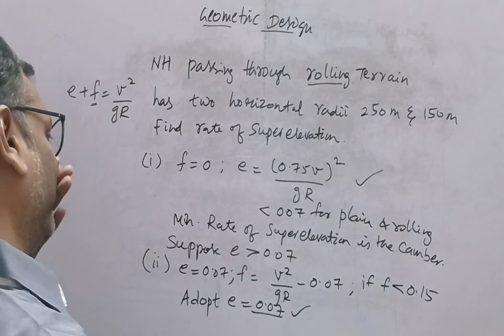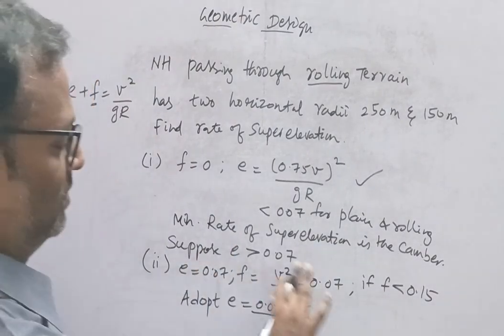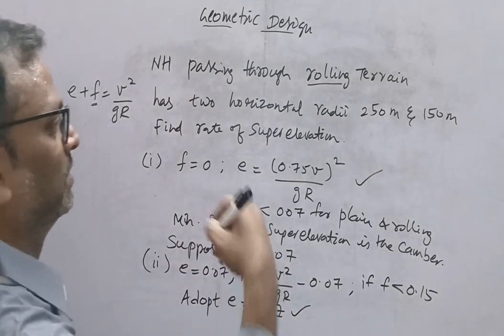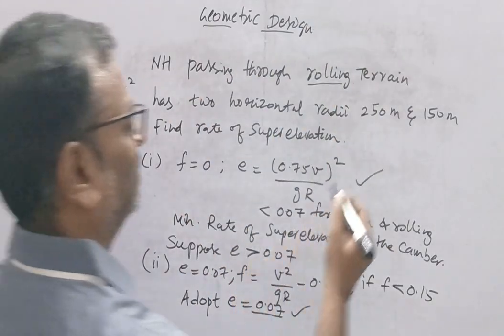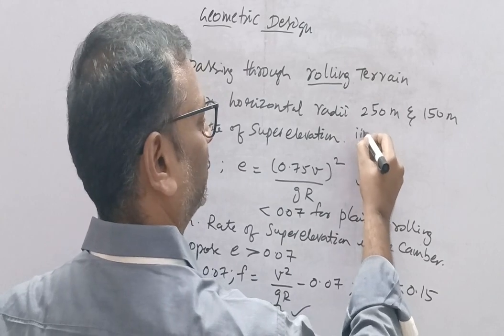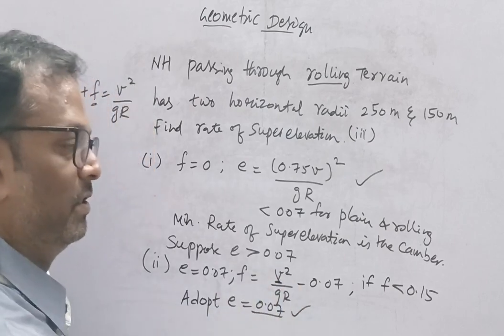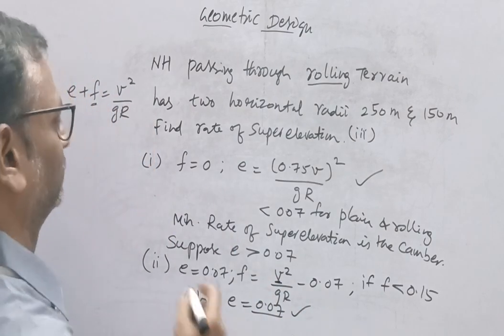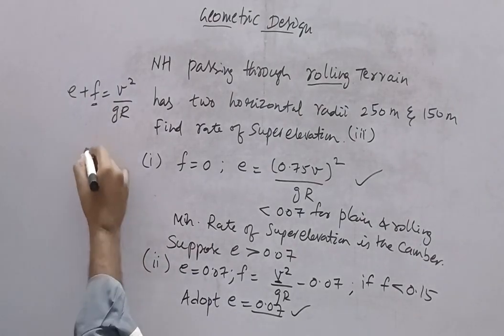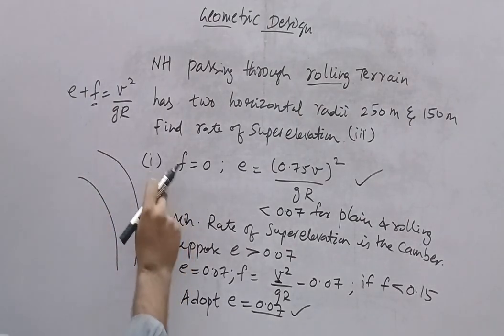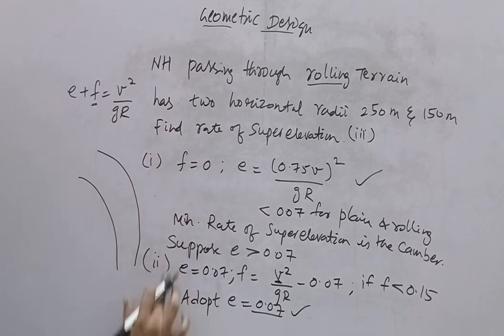If this does not happen, then what will happen? If this doesn't take place, then go to the next step. What is the next step? Step number 3. The design speed should be restricted. So if there is a curve, these two we can't adopt.